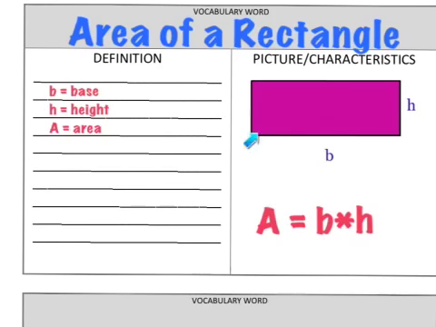So it's easier just to remember base and height. So to find the area of a rectangle, how much of this purple space is taken up here, you would just multiply base times height, just like the parallelogram. So whatever this number is, multiply it by this number. You might be used to length times width. It's the same thing.